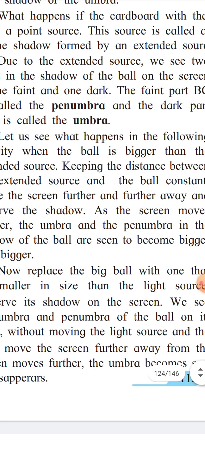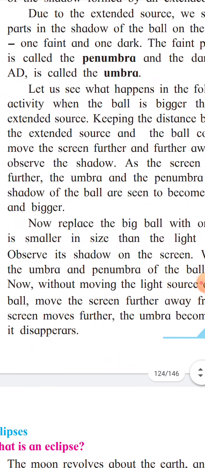Now let us do the activity when the ball is bigger than the extended source, keeping the distance between the extended source and the ball constant, moving the screen further and further away.